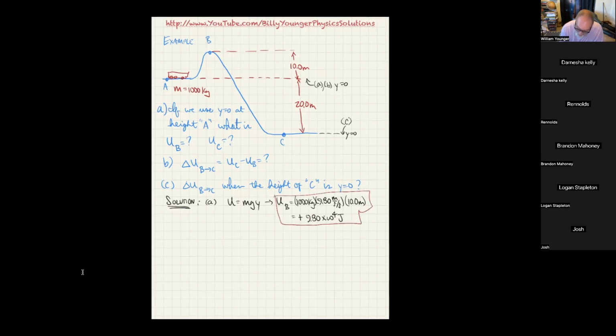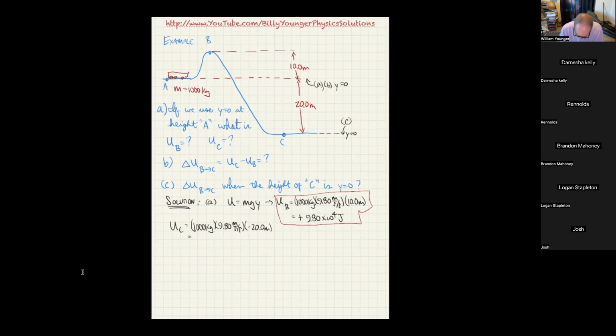Another part of our answer for part A is what is UC? Now UC is going to be 1,000 kilograms times 9.80 meters per second squared. This time the height is -20.0 meters.